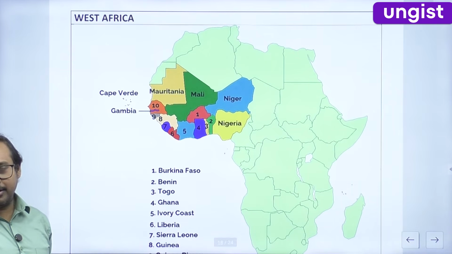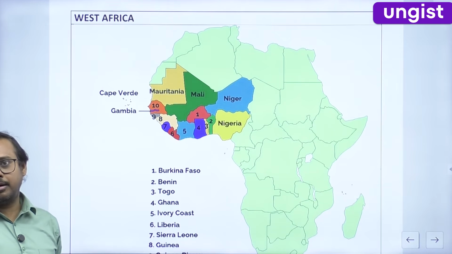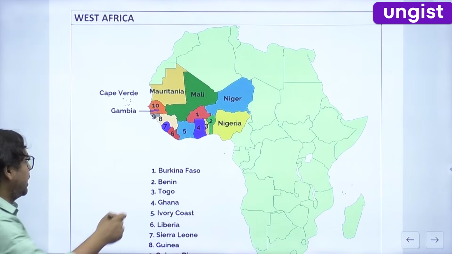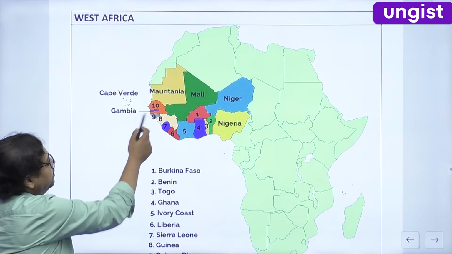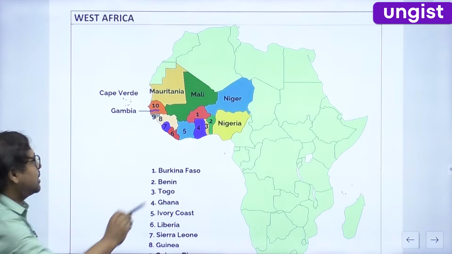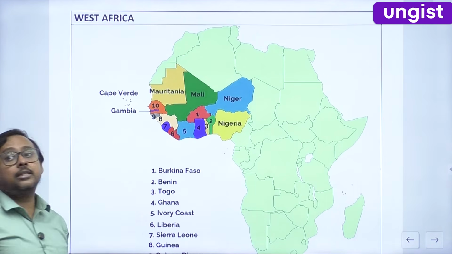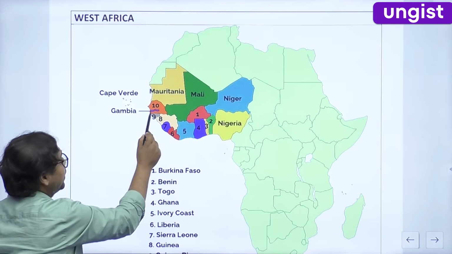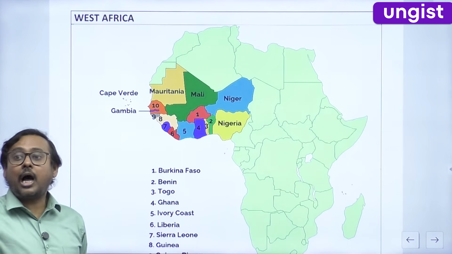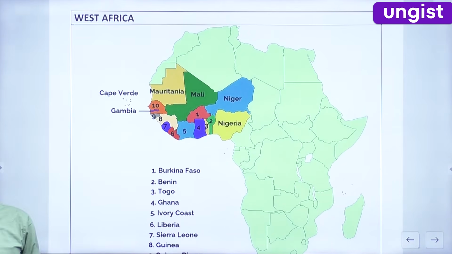The English speaking people near the river, which was occupied by the British, declared themselves independent and gave the name Gambia. And it is surrounded by Senegal, because Senegal is French speaking, right? The entire country is situated along the river bank of Gambia. This is the fascinating thing.